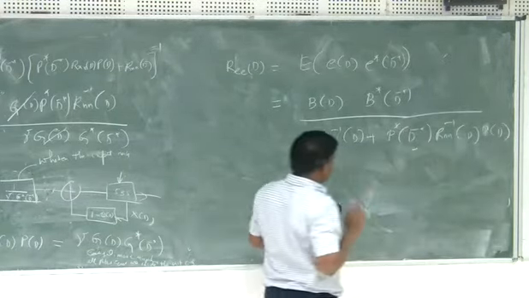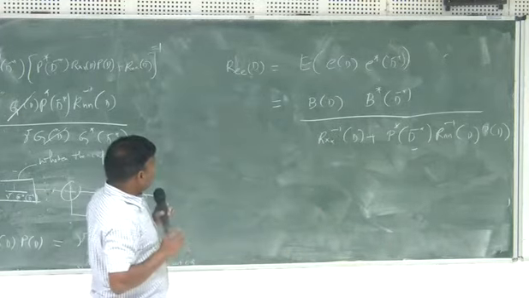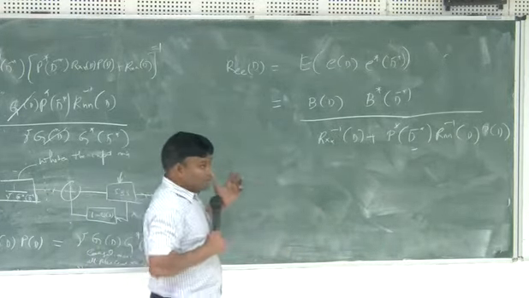Okay? This is what we will end up with for the covariance of the error term.